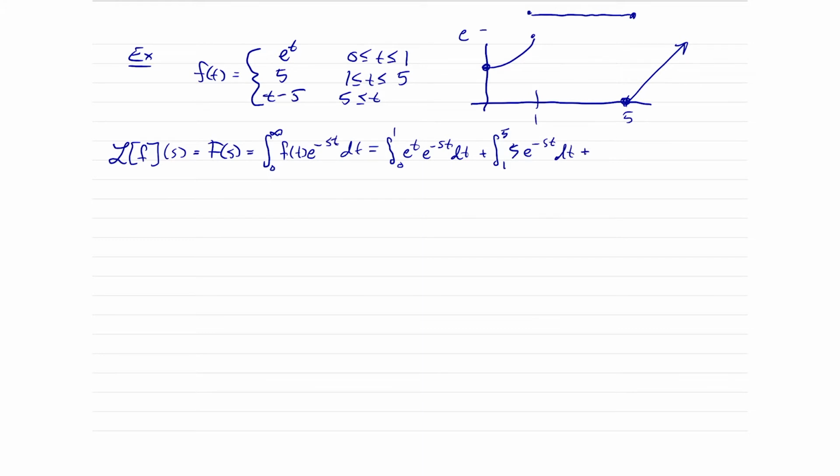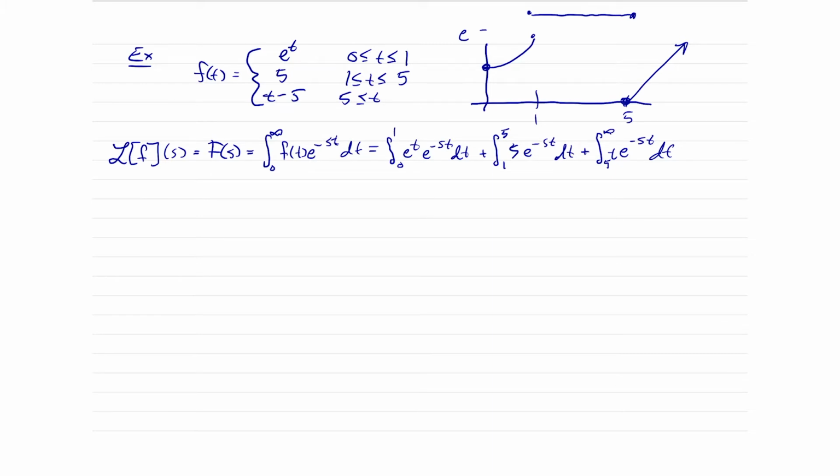And then we add on this last piece from 5 to infinity, t e to the minus st dt. So this is us expanding across the several pieces of our piecewise defined function. We have 3 pieces, so let's integrate each one separately.